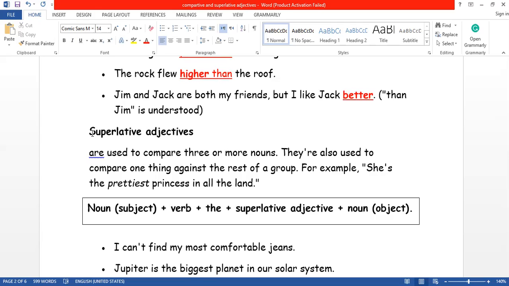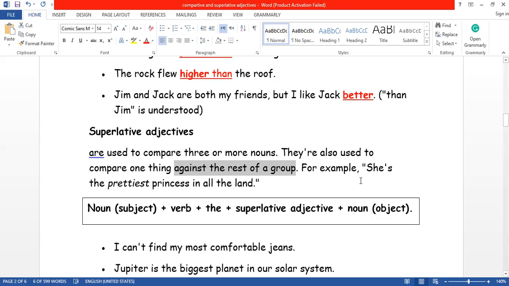And if I want to compare one thing against the rest of a group of things, see, it's written here.